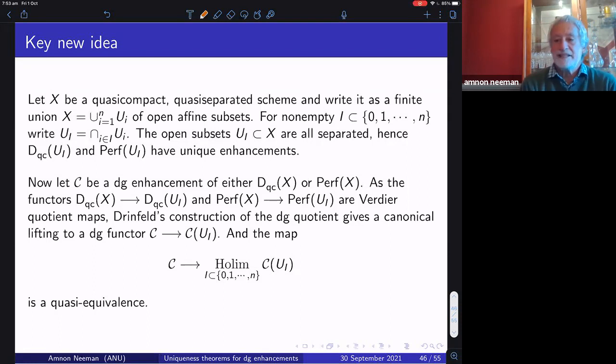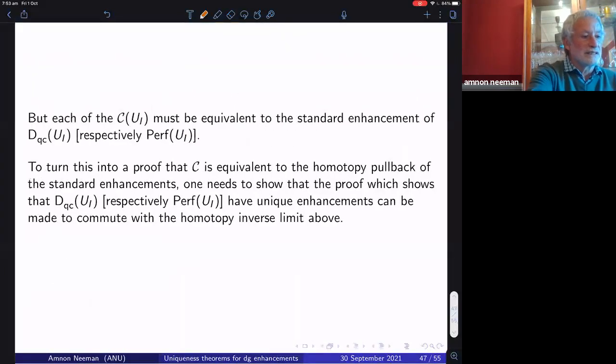So this is a technical point, but it can be done. Anyway, that's the heart of the proof. And then there are two more theorems.